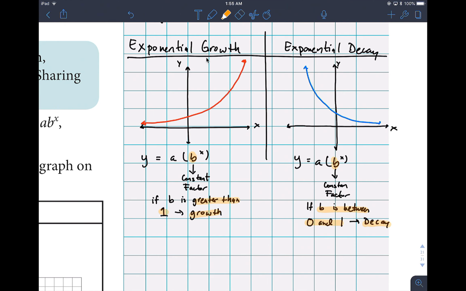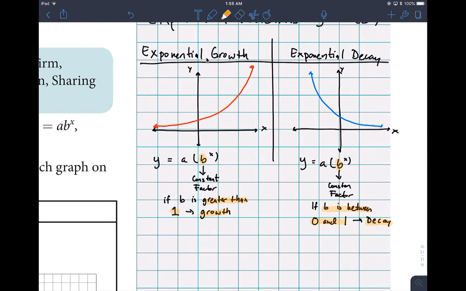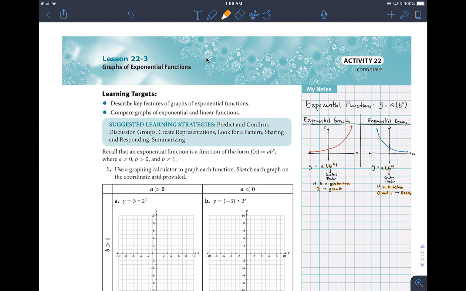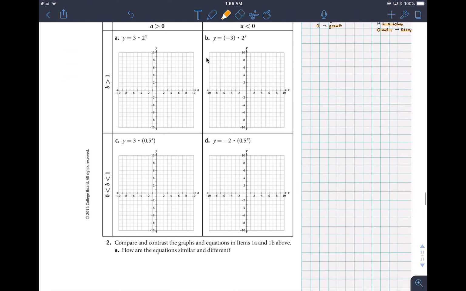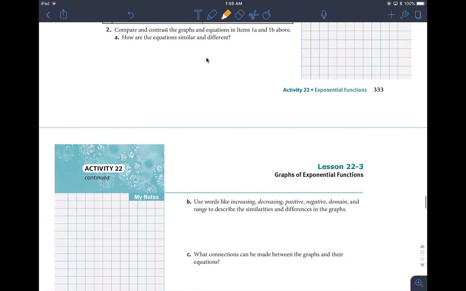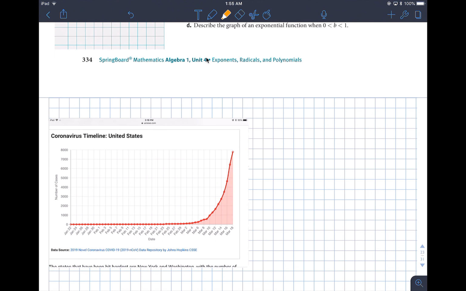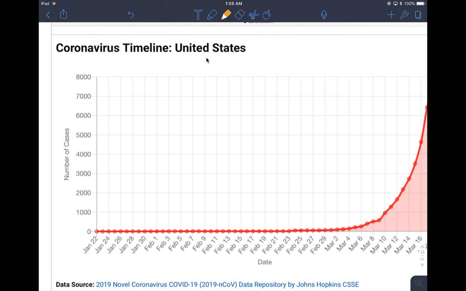Now what we're going to do next is we're going to look at exponential functions in real life. So I'm going to show you something that you're probably very, very familiar with at this point. And what we're going to do right now is pretty much what the book does. After this, it just shows applications of exponential functions. So I'm gonna start with this graph.